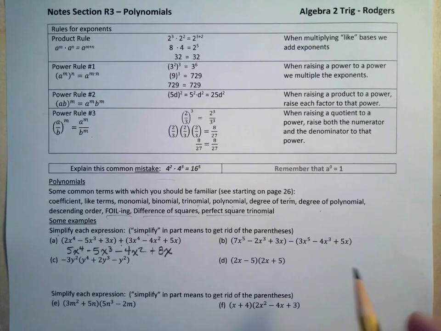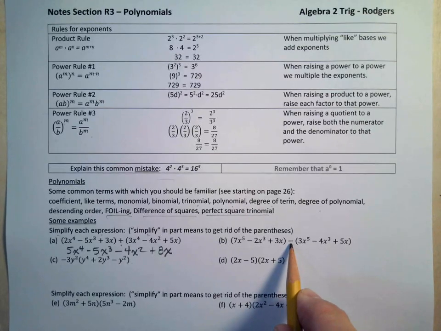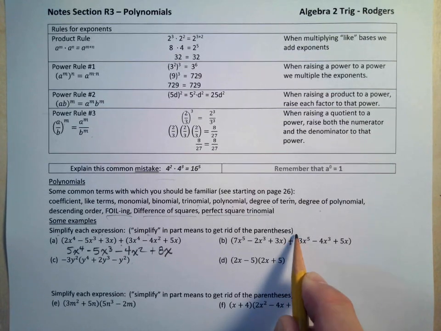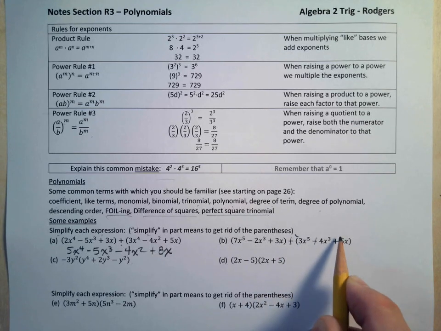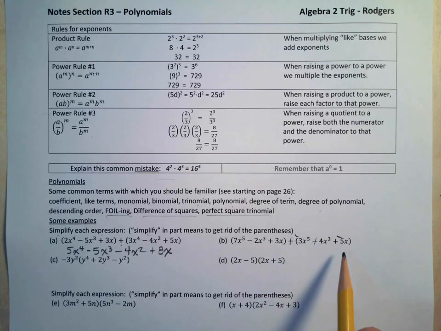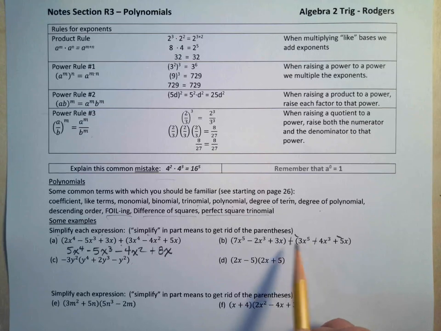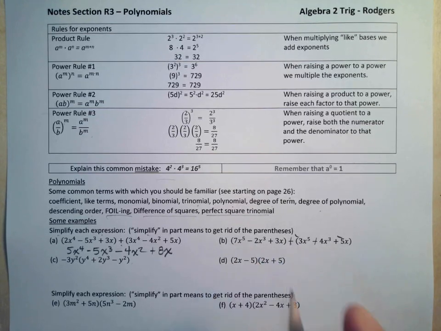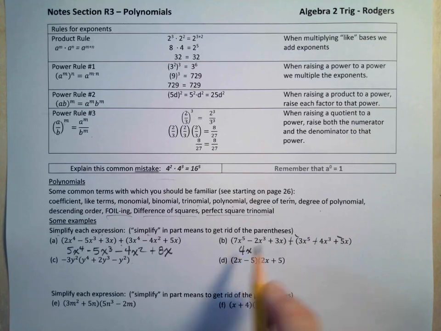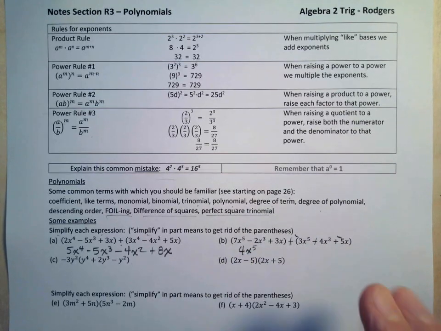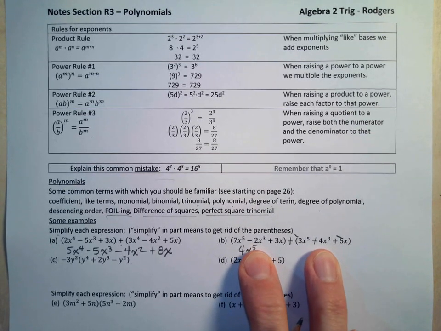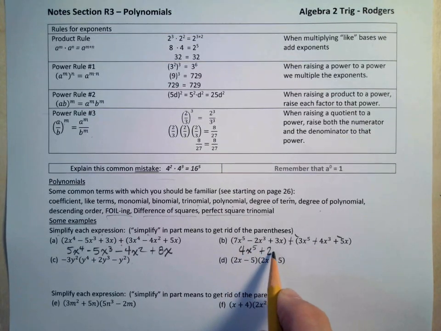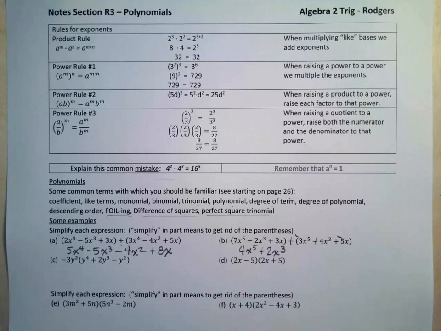Okay, B. In this case, we're subtracting. Probably the best thing to do is think about turning that into addition and changing the signs of all the things in the second. You're subtracting this whole polynomial, so those signs all change. So now we have 4x to the fifth. These are like terms. It was negative, but now it's positive, so plus 2x cubed.